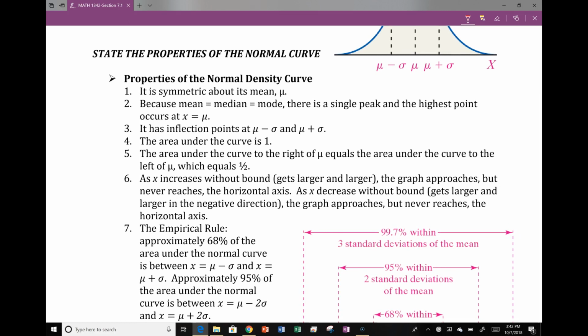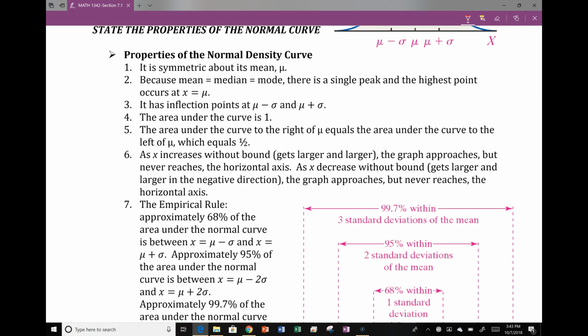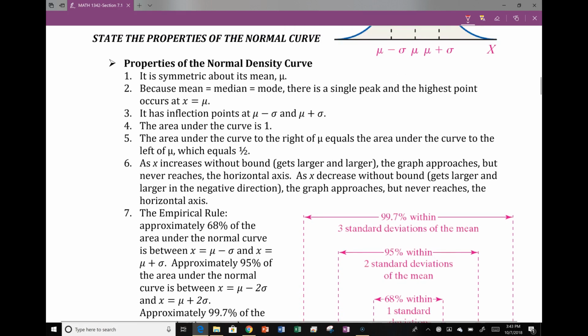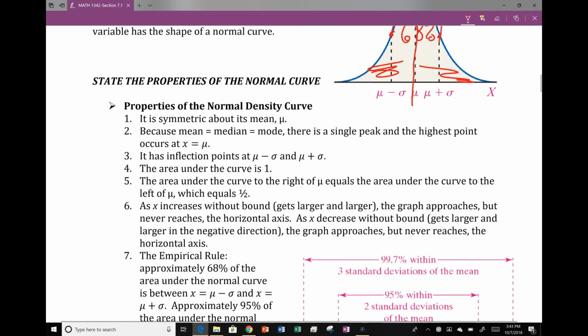The area underneath the curve adds up to 1. The area under the curve to the right of mu equals the area under the curve to the left of mu, which equals 1/2. So if I draw a line down the center, this is half and this is half over here. As x increases without bound, meaning it gets larger and larger, the graph approaches but never reaches the horizontal axis.